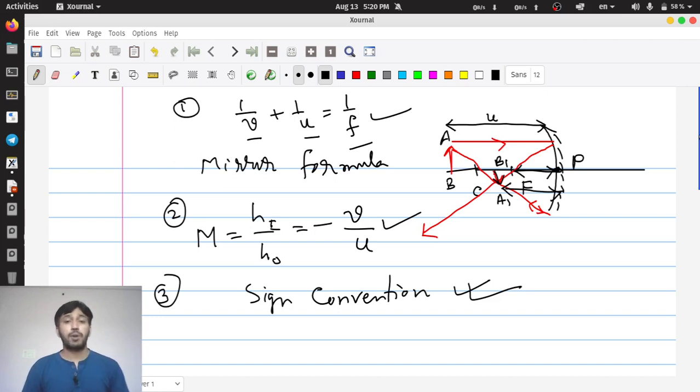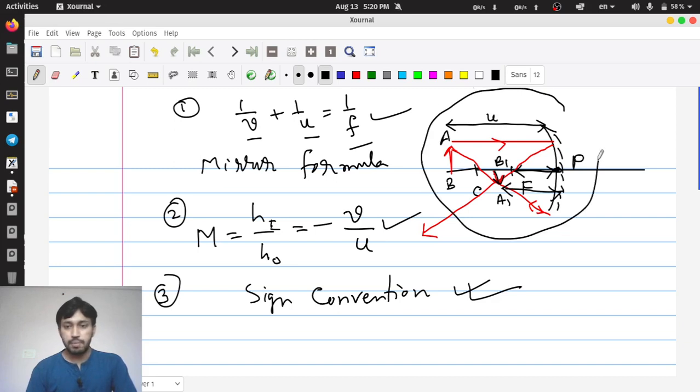Before solving any problem, first read carefully what the question is, and then make a rough diagram of the image formation. Make a rough diagram and then apply the formula.